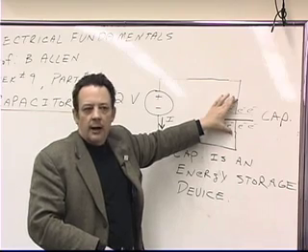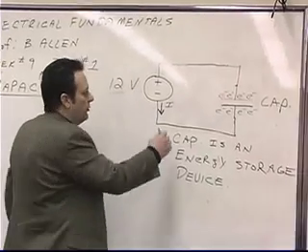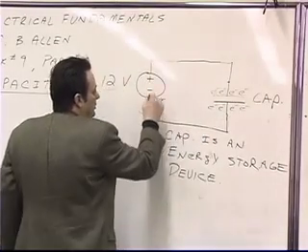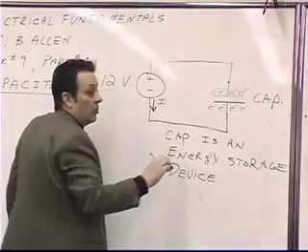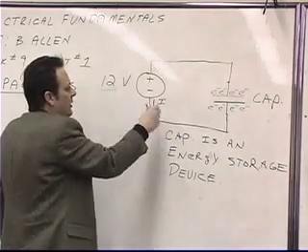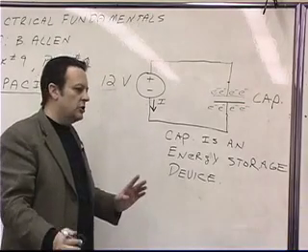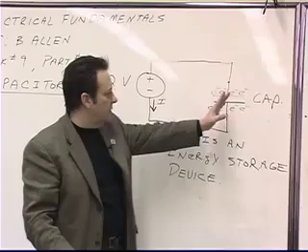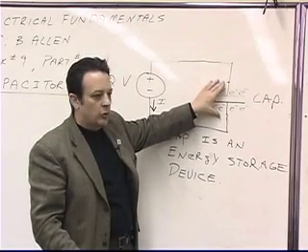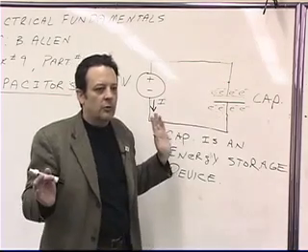Well, I see a problem with Kirchhoff's voltage law, because Kirchhoff's voltage law tells us that the sum of the voltages around any closed loop must be equal to 0. Or stated more simply, if there's only two things in a closed loop, this voltage must be equal to this voltage. But we've already shown that if we came into the problem with a neutralized capacitor, a capacitor that was not charged, there would be 0 volts across it.